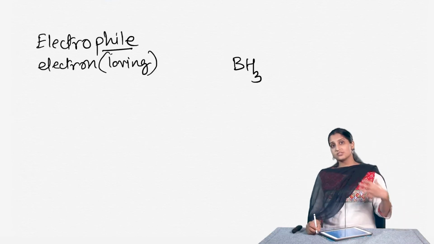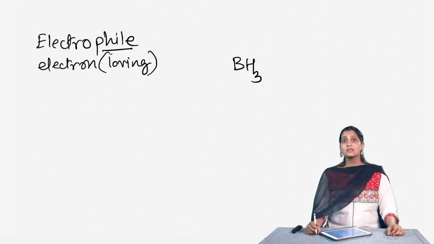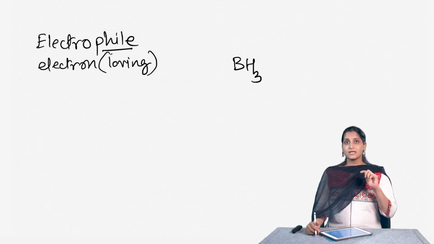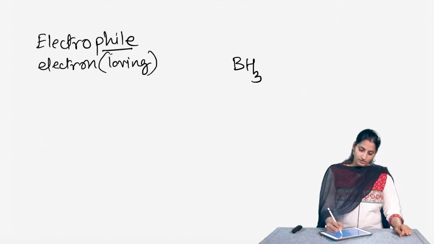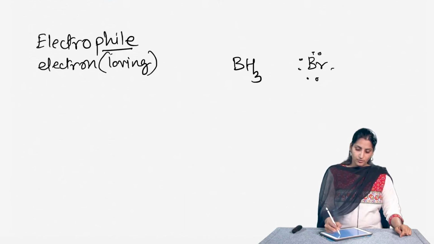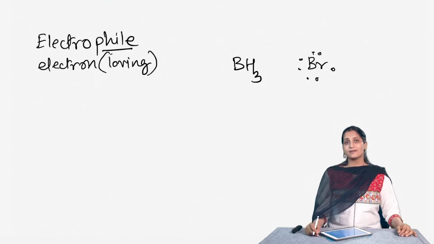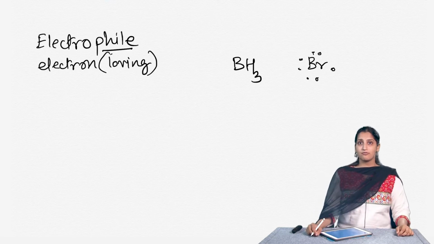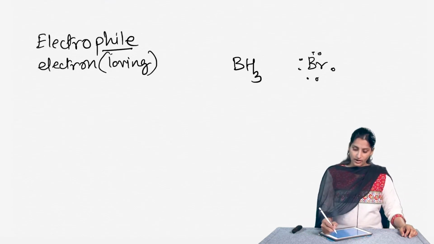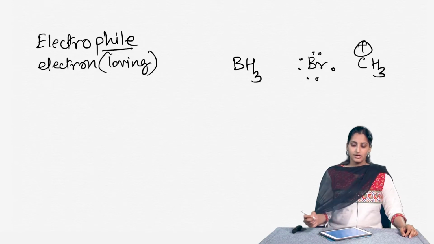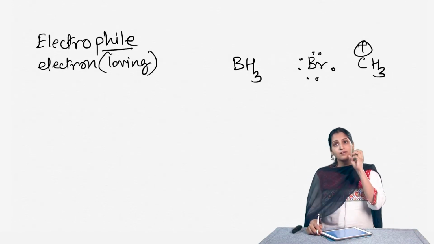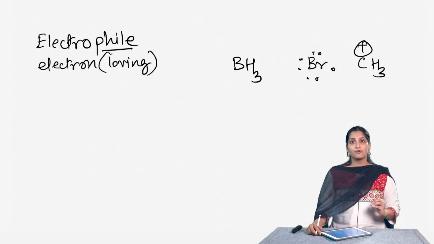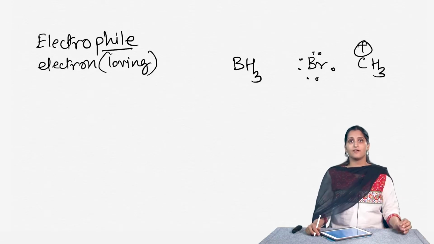We talked about the structure of BH3 in our first class, and we said that boron has an incomplete octet, so it becomes an electrophile. Let us take a bromine with one less electron, and that becomes an electrophile. Or you can also have a carbocation, right. That carbocation is deficient of a pair of electrons, and thus it is also an electrophile.